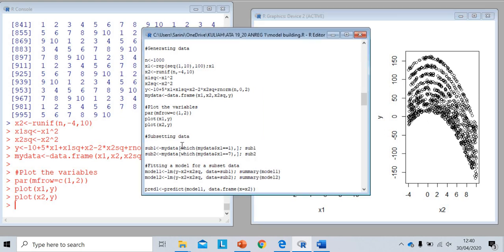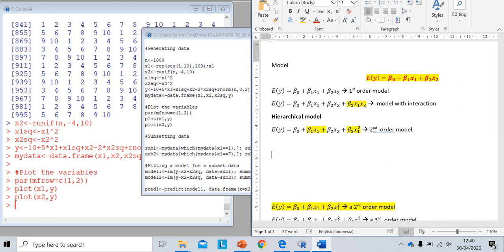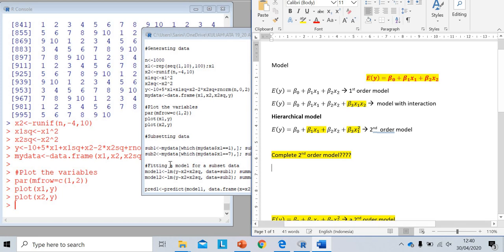And then, okay, you have quadratic. Probably, do we need to put a complete second order model? So now we have the consideration of a complete second order model. Do we need to have something like that?